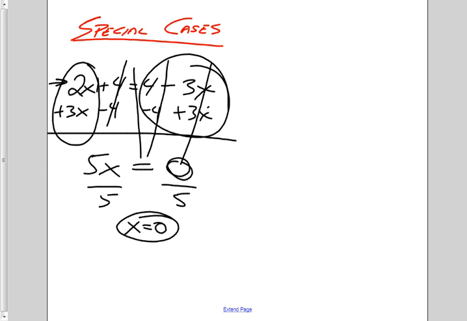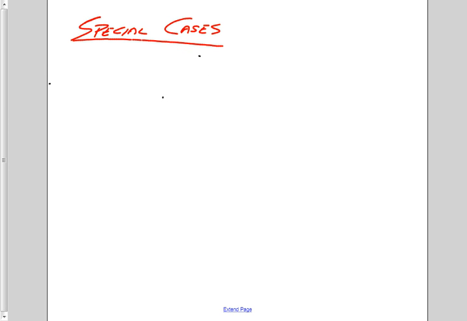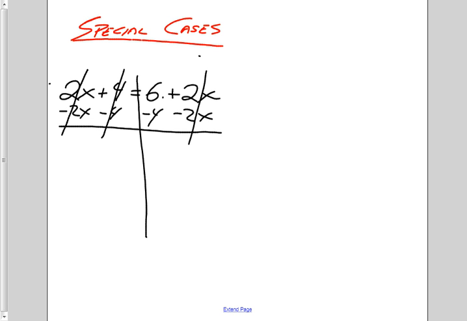would be a similar problem. Only now, when I subtract my 2x, subtract my 4, the x values cancel out.